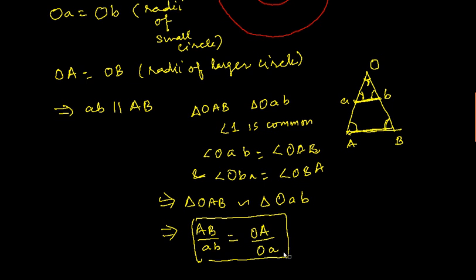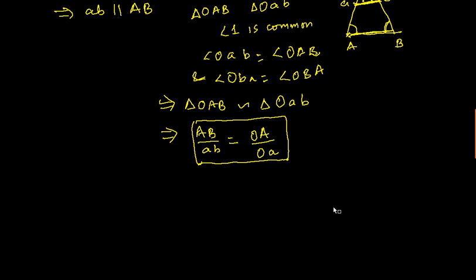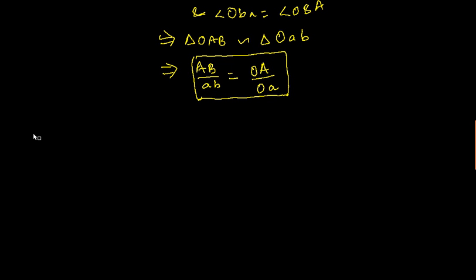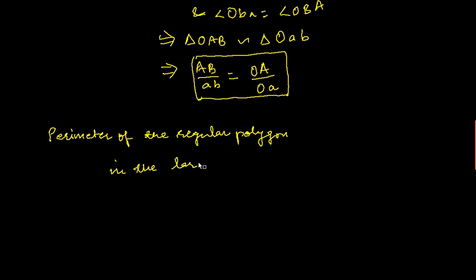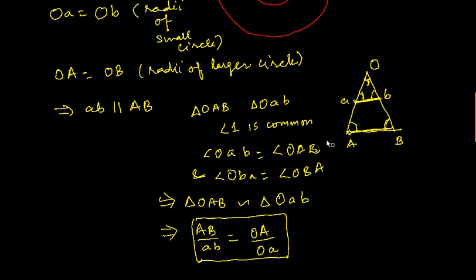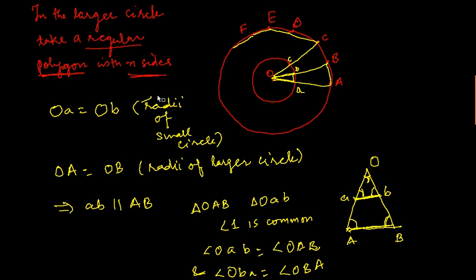Now see, what is the perimeter of the regular polygon in the larger circle? We know that the number of sides was n, and each side is AB.